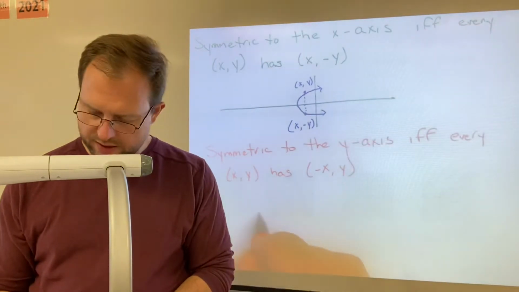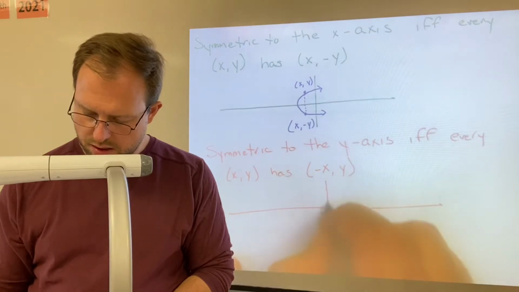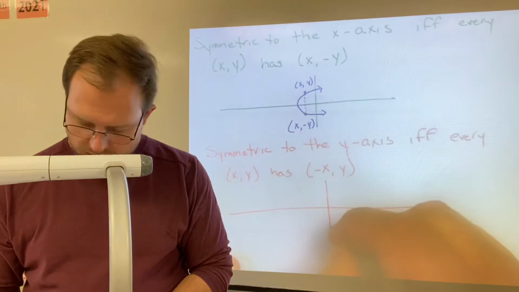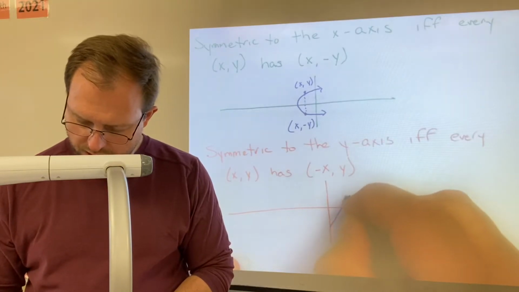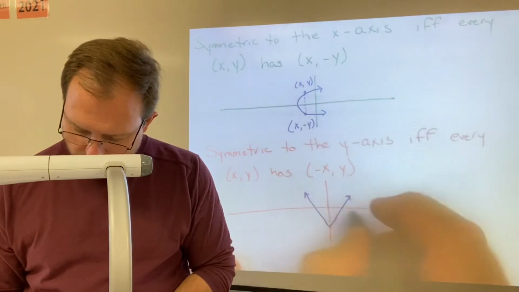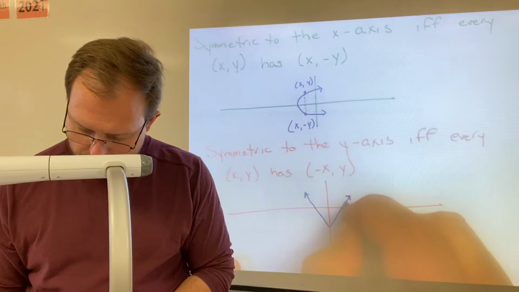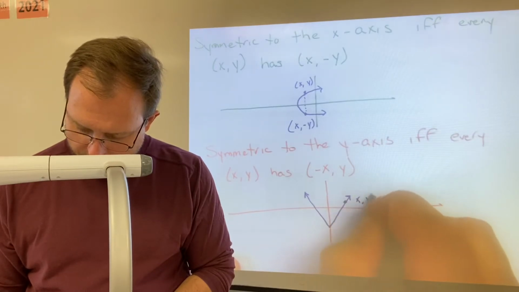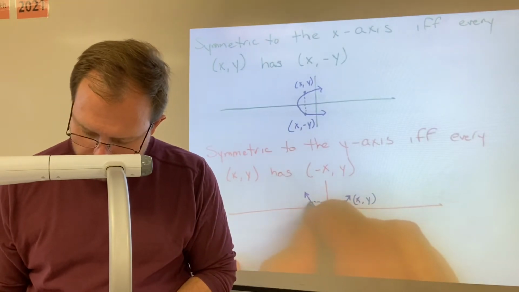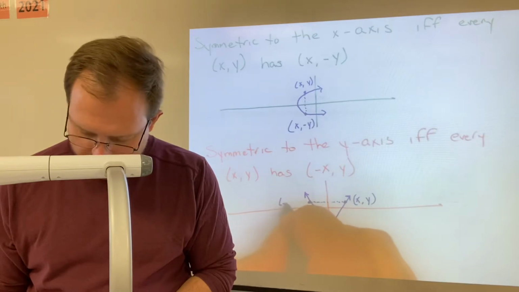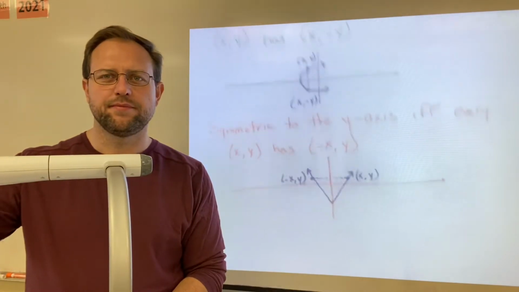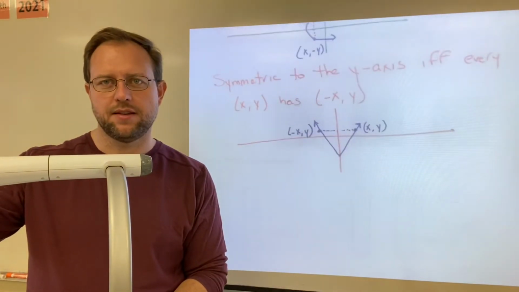So in this case, we have a graph that mirrors along the y-axis. So every point x comma y has a corresponding point at negative x comma y. Okay? Or we can fold it over the y-axis.